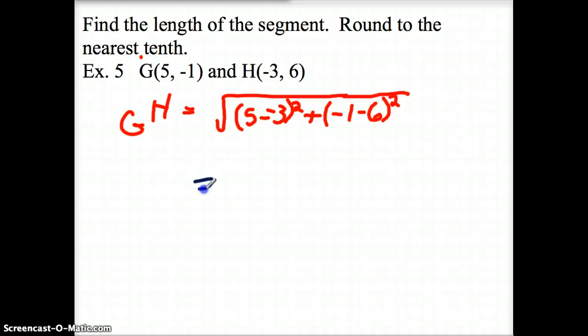Simplifying, 5 minus -3, leave, change, opposite. That's 8 squared, or 64. Leave, change, opposite here. -1 plus -6 is -7. -7 times -7 is going to be a positive 49.